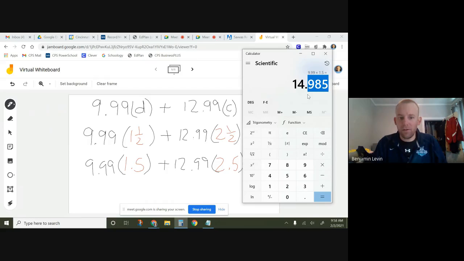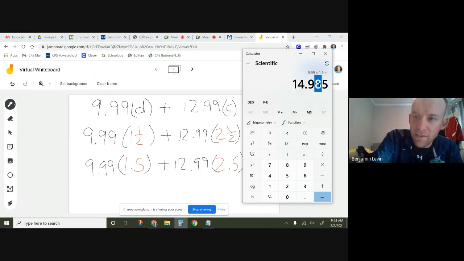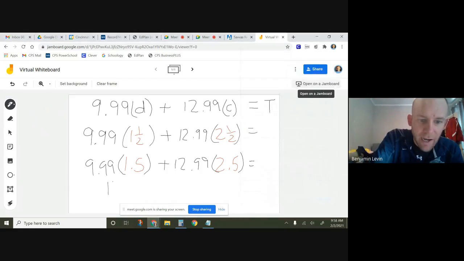No, we can't, so we have to round it off to two decimals. 5 or more, we round up, so this 8 is going to become a 9. So the price for the almonds is $14.99. And again, we round it up slightly.